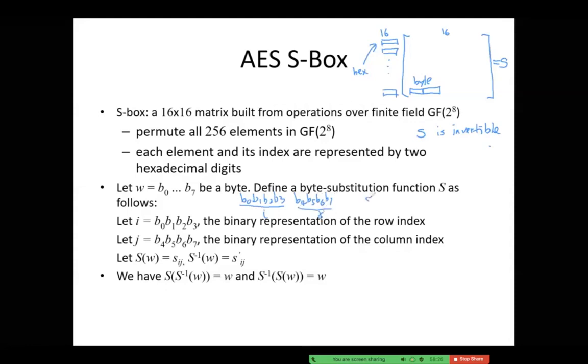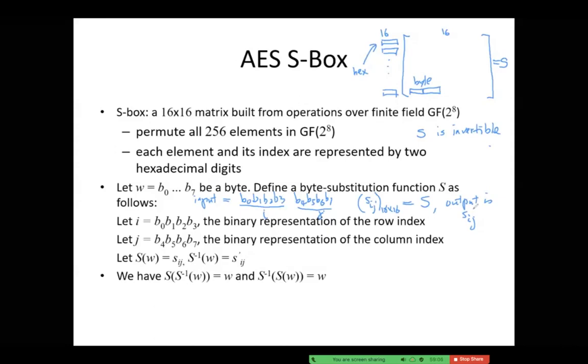S_ij from this matrix, this 16 by 16 matrix S, that element is the substitution, that's the value of this input. So this is the input, and the output is S_ij, the element at the ith row and the jth column.